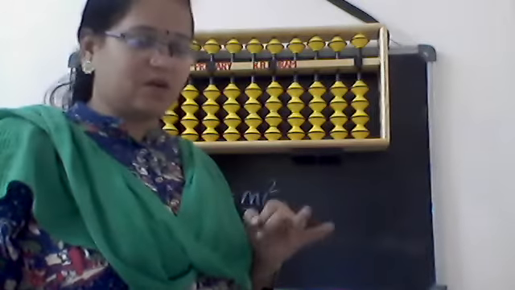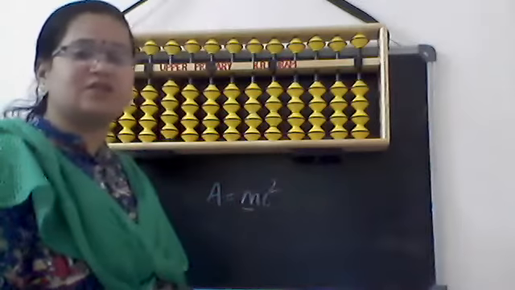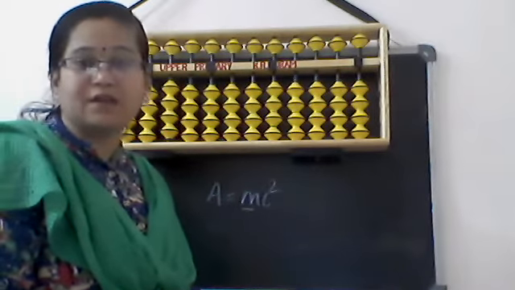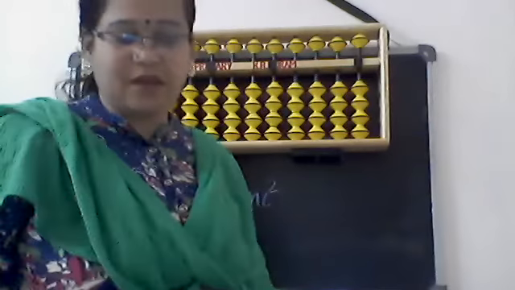We can do perfect calculation with the help of abacus, and it will help our right brain and left brain to function properly because we are working with both hands. When we move the bits with the right hand, our left brain will be working. When we move with the left hand, our right brain will be working. Right side of the hemisphere.